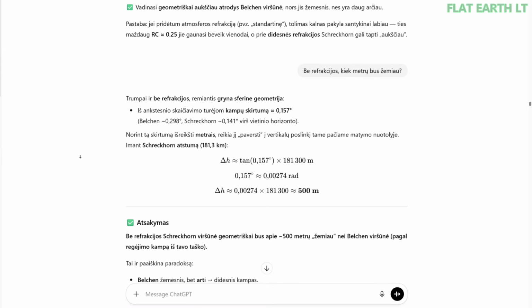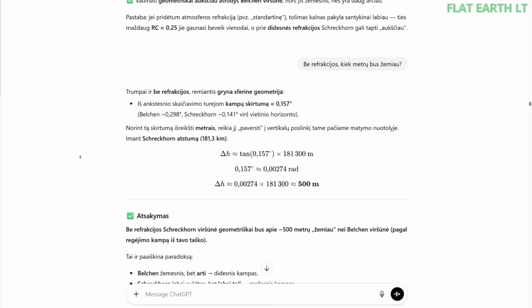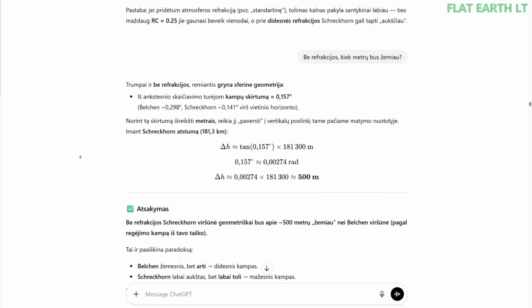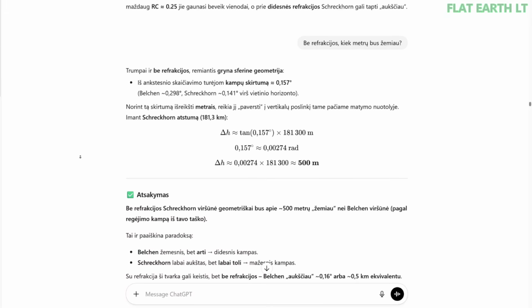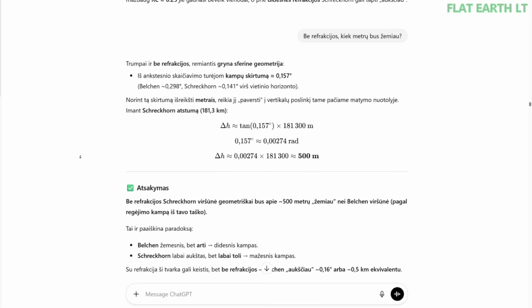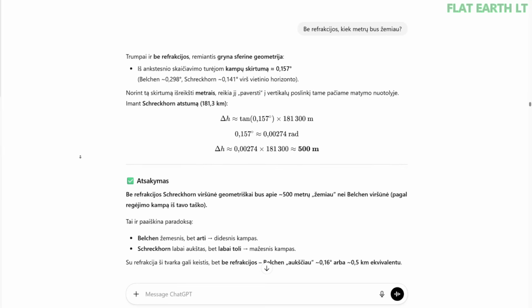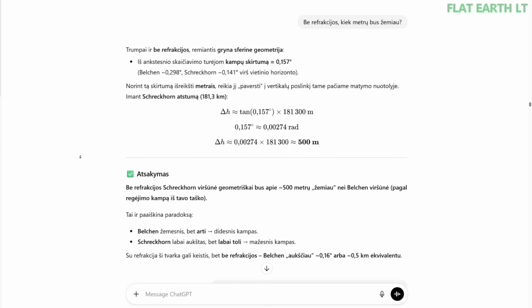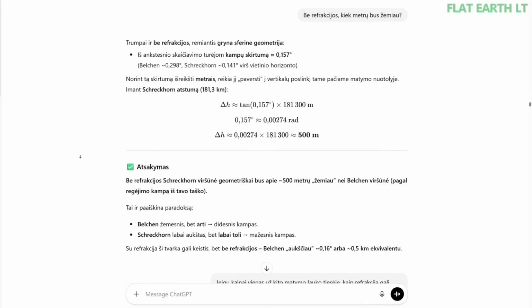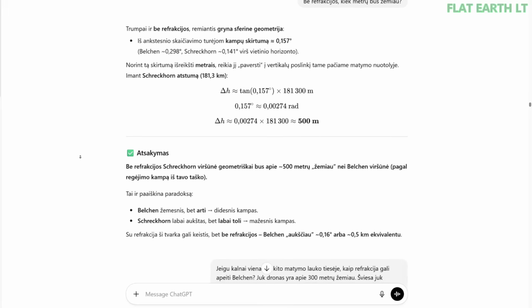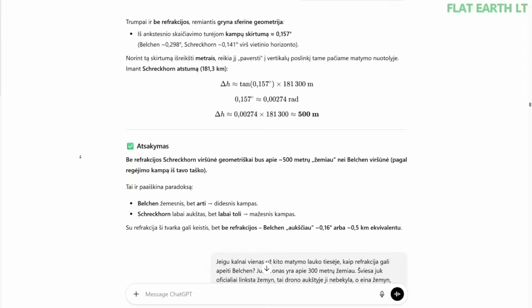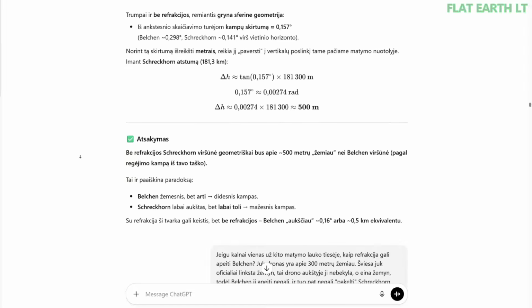To express this difference in meters, it must be converted into a vertical offset at the same viewing distance, taking the distance to Schreckhorn, 181.3 kilometers. Answer: without refraction, the summit of Schreckhorn will geometrically be about 500 meters lower than the summit of Belchen, in terms of viewing angle from your position.